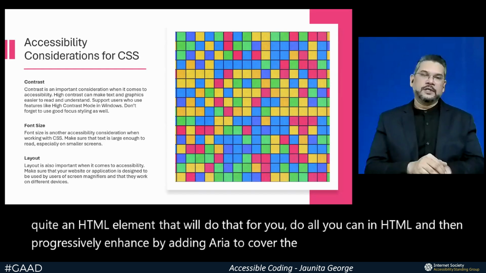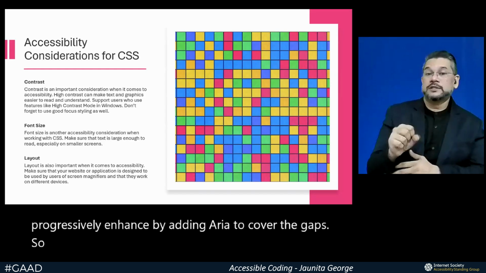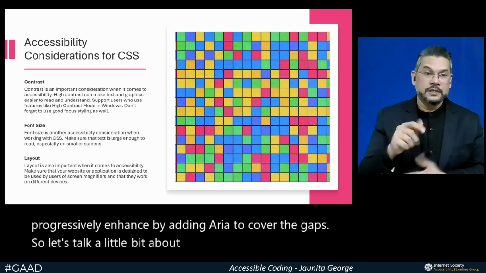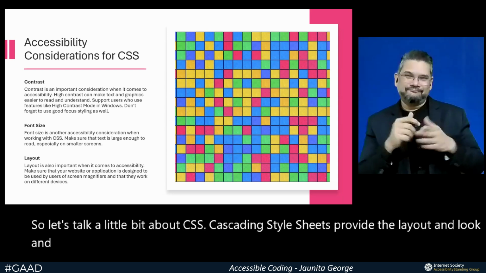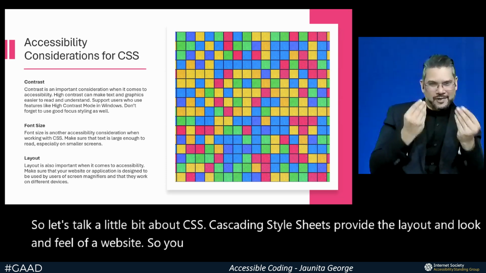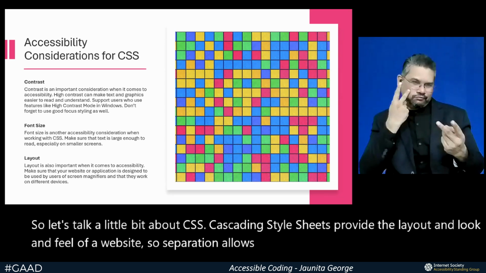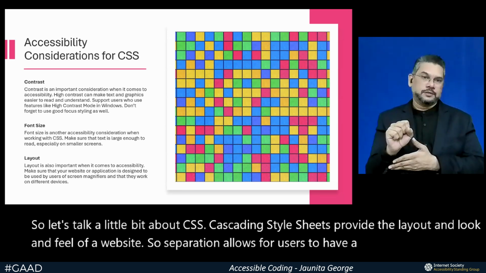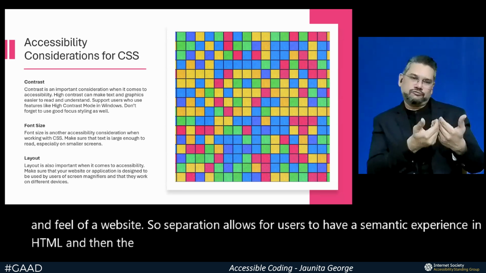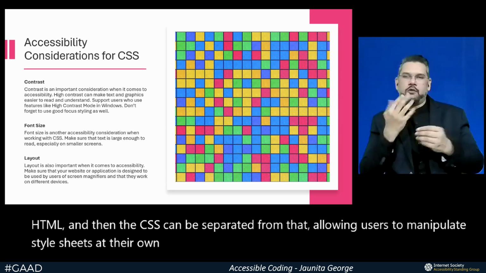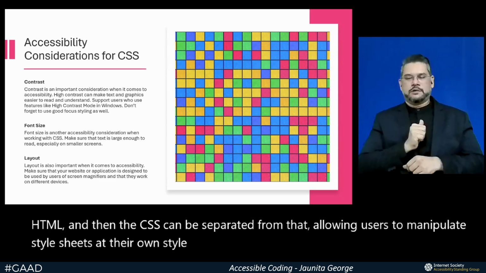So let's talk a little bit about CSS. Cascading style sheets provide the layout and look and feel of a website. Separation allows for users to have a semantic experience in HTML, and then the CSS can be separated from that, allowing users to manipulate style sheets, add their own style sheets, and such to make this website more understandable for them.